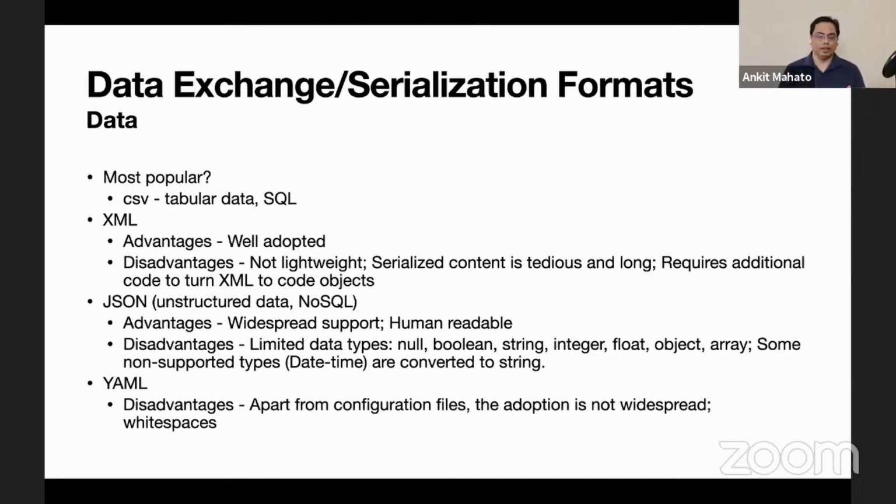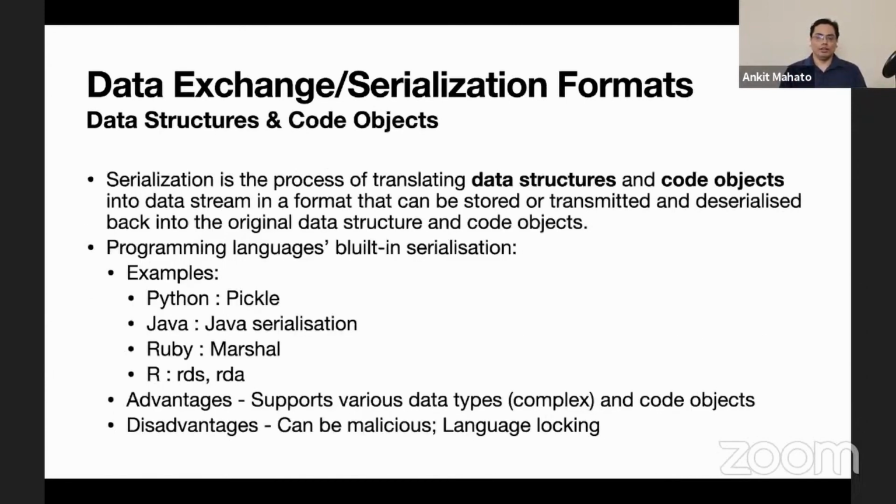It is human readable, but there are disadvantages of JSON. Basically, it has limited data types, and some non-supported data types are converted to strings, and this has to be dealt with again at the execution front, where you have to process such non-supported types. But that was about data.